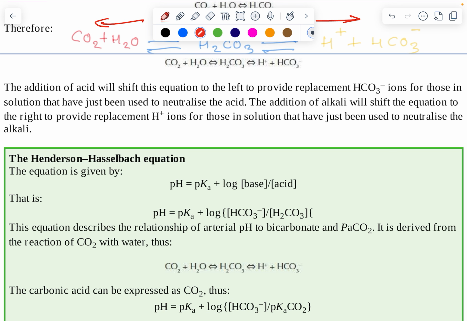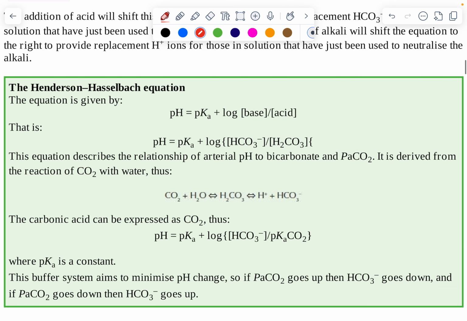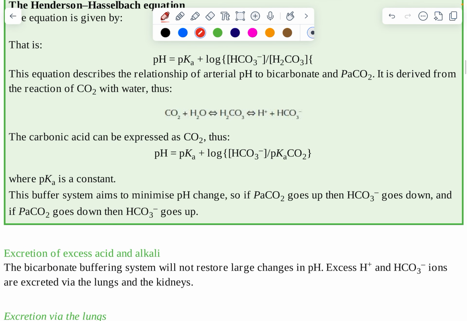This equation describes the relationship of arterial pH to bicarbonate and carbon dioxide. It is derived from the reaction of CO2 with water, which forms carbonic acid, which dissociates into hydrogen ions plus bicarbonate ions. This buffer system aims to minimize pH change. So if PCO2 goes up, then bicarbonate goes down, and if PCO2 goes down, bicarbonate goes up.